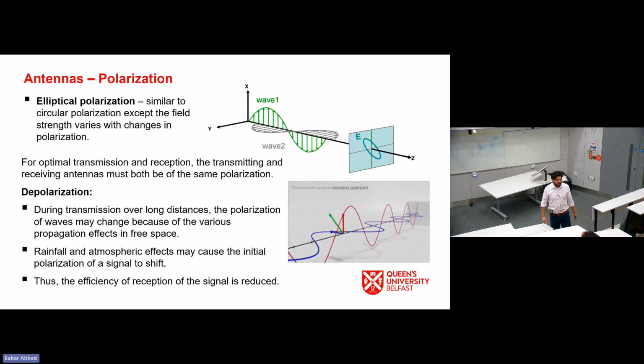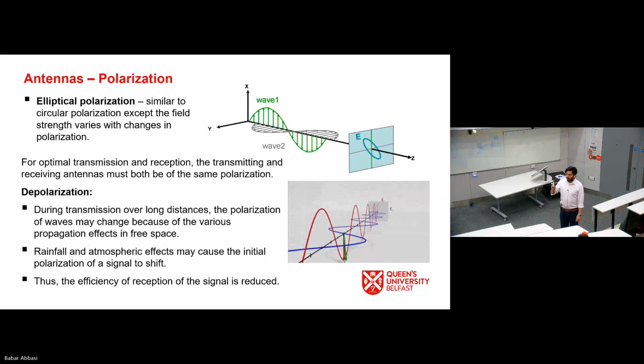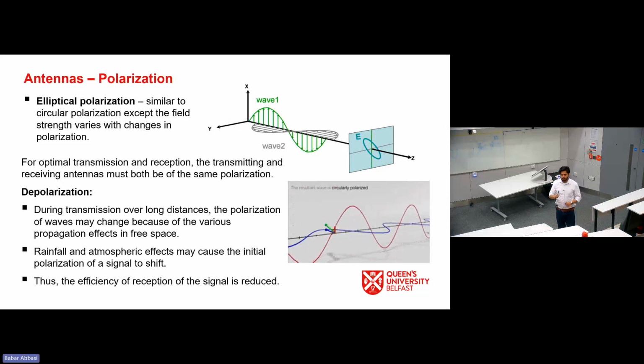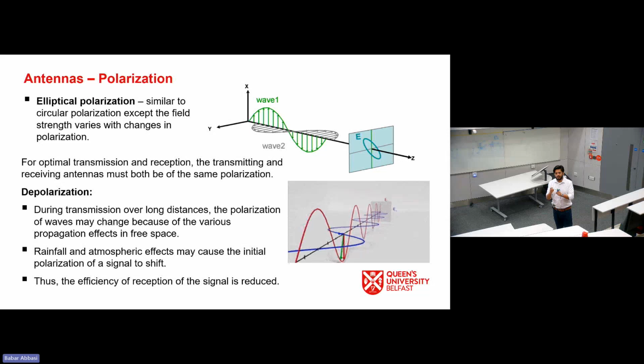What will happen in reality is that the electric field vector in one axis will be larger than the electric field vector in the other axis. It will manifest into a polarization that is somewhere in between pure circular polarization and pure linear polarization.